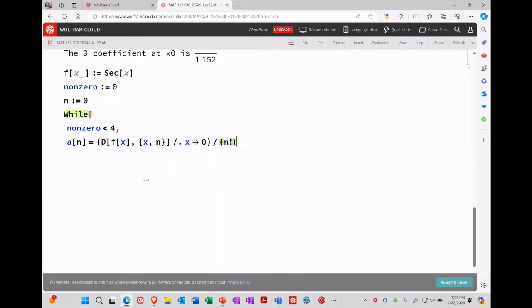So I want to calculate that. That's going to be our coefficient.